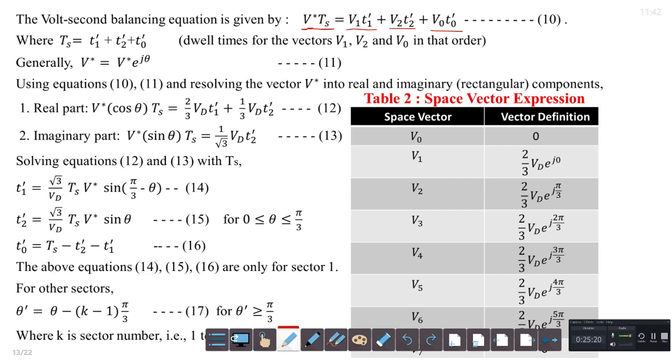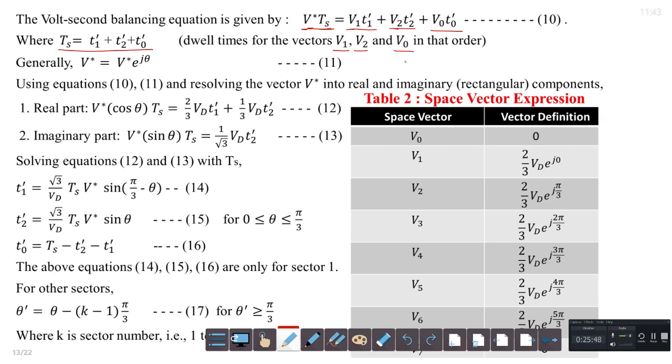Here the sampling time Ts is the sum of T1 dash, T2 dash and T0 dash, where T1 dash is the dwell time, that means on time, for vector V1, T2 dash is the on time or dwell time for voltage V2, and T0 dash is the on time or dwell time for voltage V0.